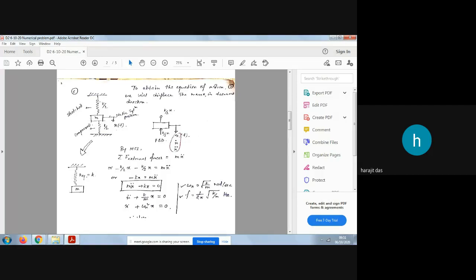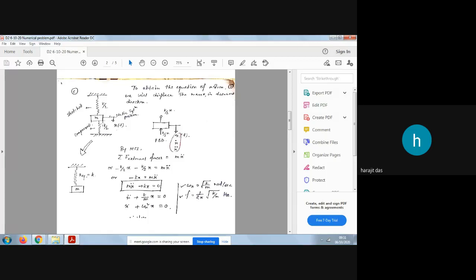By looking at the system, you will be able to tell whether the springs are in series or in parallel. When the mass is deflected, the total deflection will be equal to the individual deflection, because it is by the same amount. Let's say the mass is given displacement x of t, and let's say the deflection is delta.